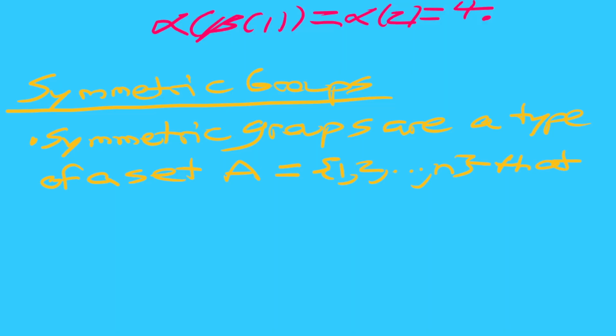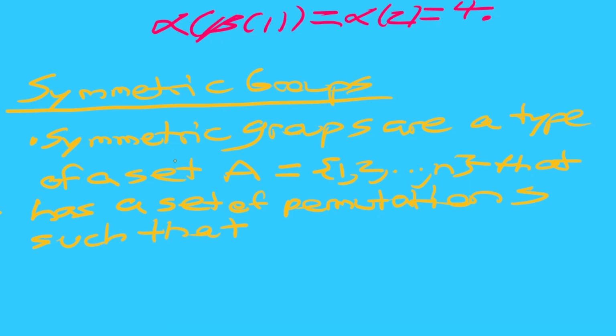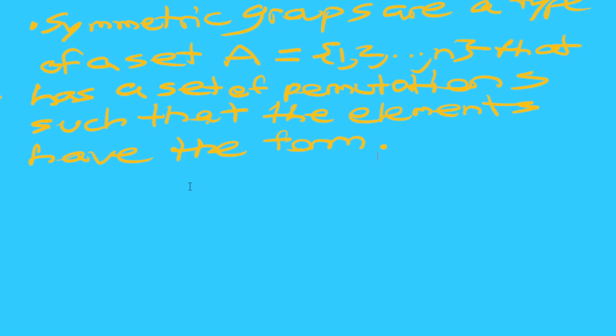that has a set of permutations such that the elements have the form alpha equals 1 alpha 1, 2 alpha 2, and so on up to n alpha n.